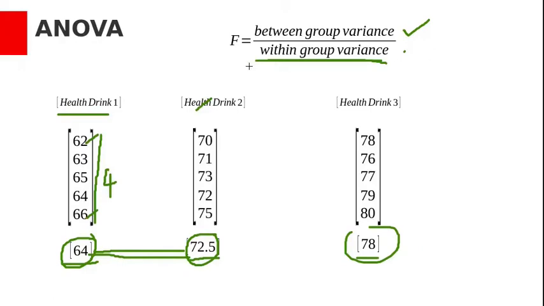We can say that this within group variance is the random variance which might be caused by sampling bias or some random error. This between group variance is actually caused by the factor like health drink. So we will take the ratio of this between group variance and within group variance in ANOVA.